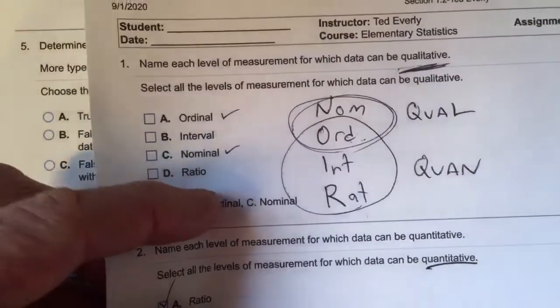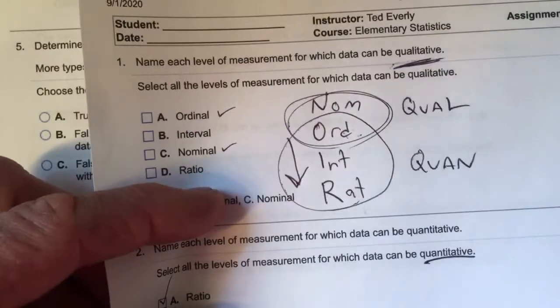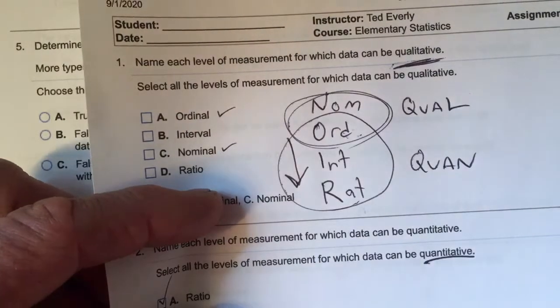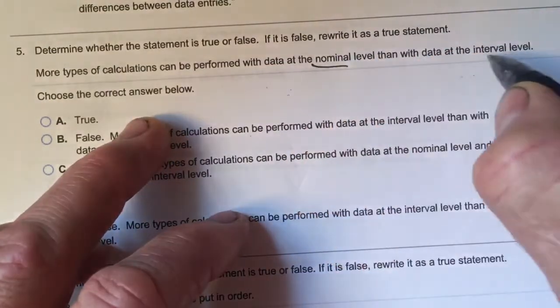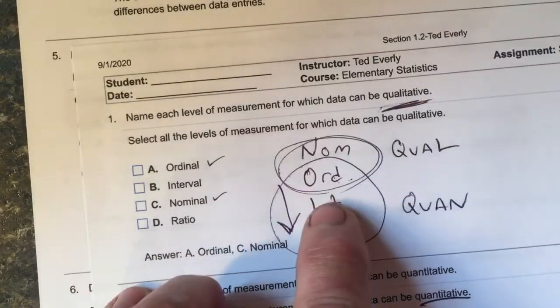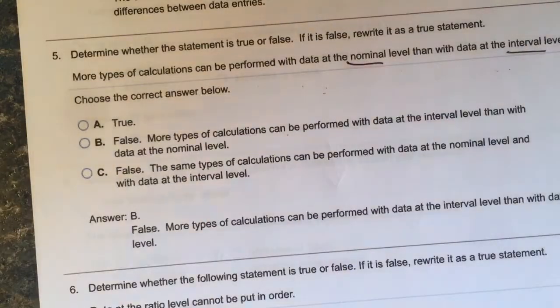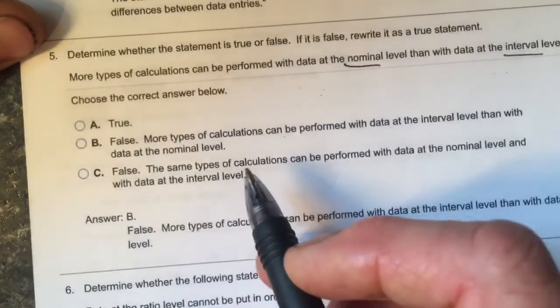So like the further down you go, the more calculations you can do. Okay, so this is comparing nominal and interval. All right, well, nominal, you can't do any calculations. So the interval level will be the answer here. So this is false.